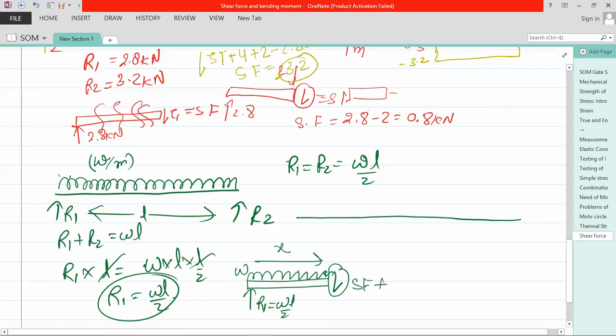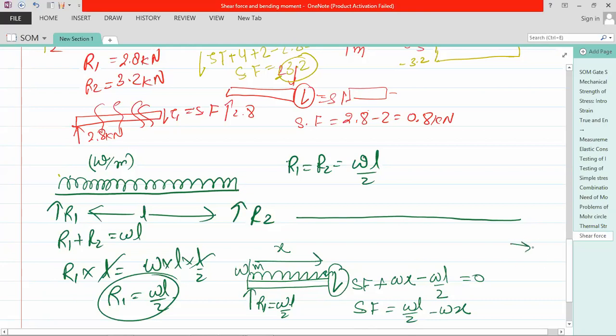Now SF plus this w is acting over x, so w into x is the total weight. If you multiply per unit length by x, the weight acting over the span is w into x, minus WL by 2 is equal to 0. Then what is the SF? WL by 2 minus wx.